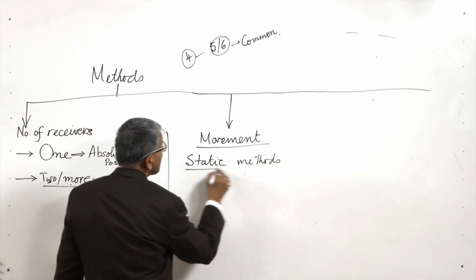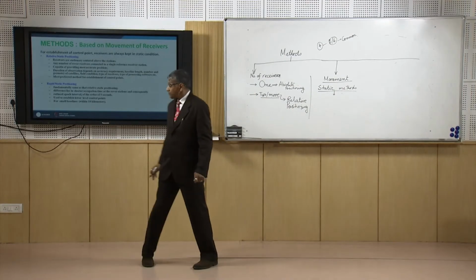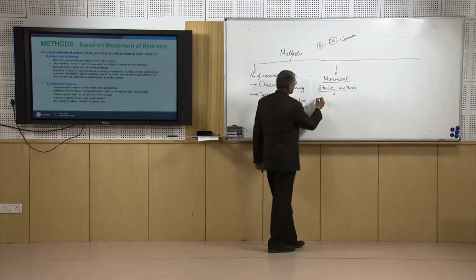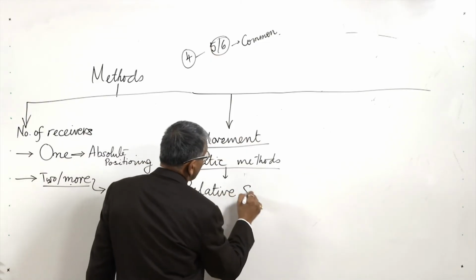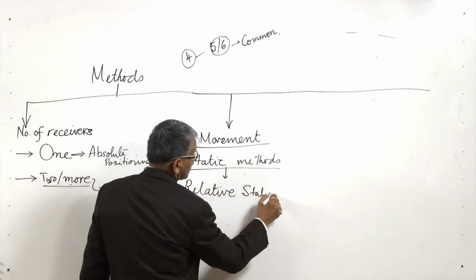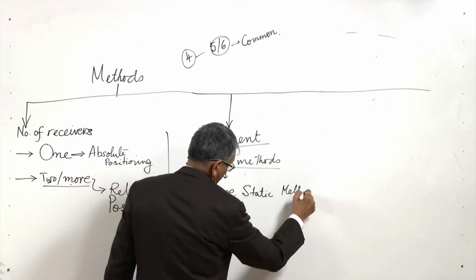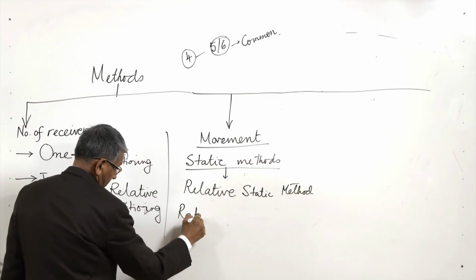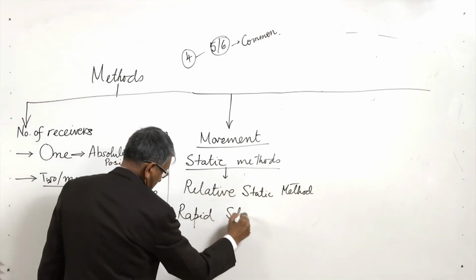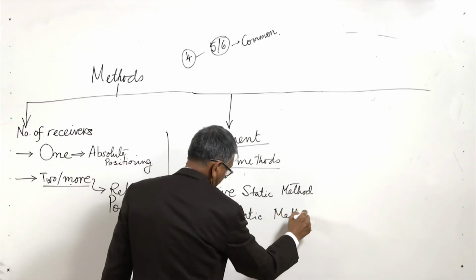Now this static method may be of different types. One is called the relative static method, and the other is the rapid static method.